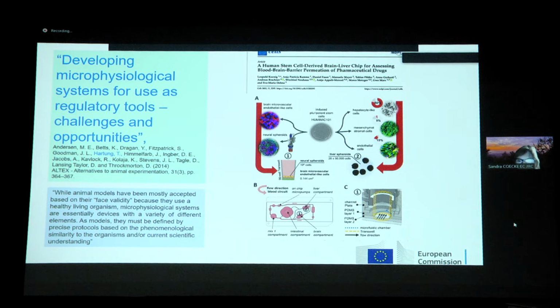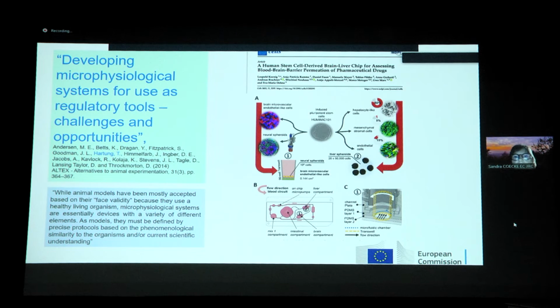So I think, now Thomas has been speaking, it's very, very important to develop microphysiological systems for use as regulatory tools, to look at a lot of these biomedical and life science challenges we have now with being exposed to many different types of external insults, be it pathogens or chemicals and specific materials.